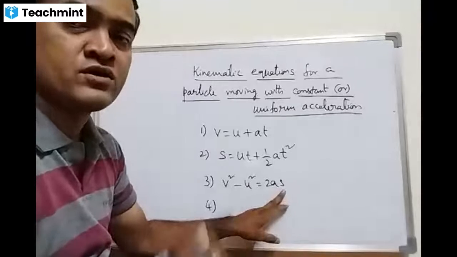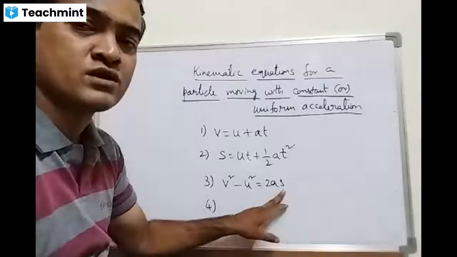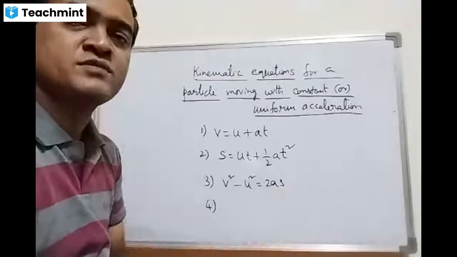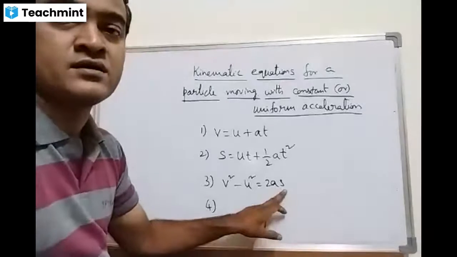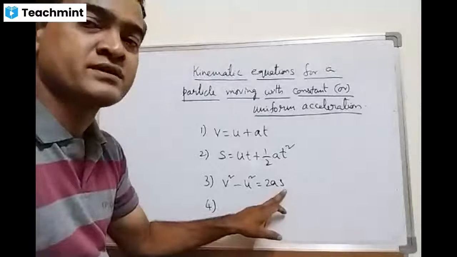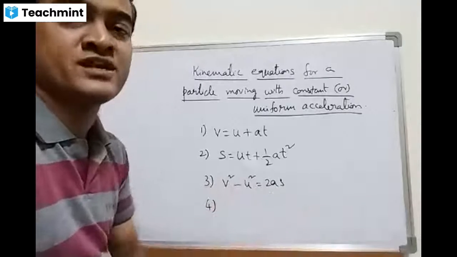Whenever a particle moves along a straight line, distance is equal to displacement, right? This S I can read in two ways: as displacement of the particle, or as distance of the particle moving along a straight line.